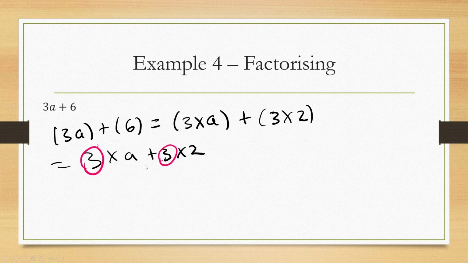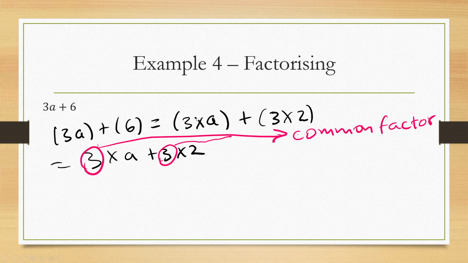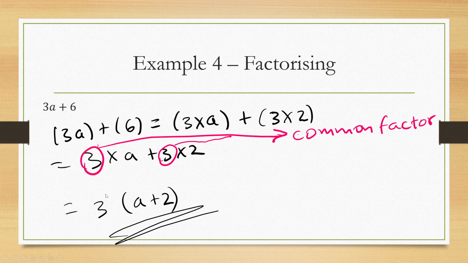From the first term, 3, and from the second term, 3, these are what we call the common factors, because 3 is common to both of these two terms. So now we're going to take out 3 outside of the bracket, and then put whatever factors are remaining into the bracket.